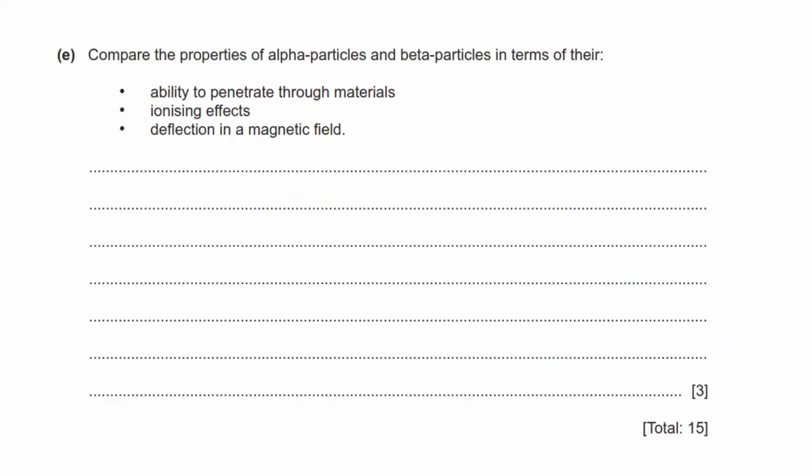Moving ahead, part E says compare the properties of alpha particles and beta particles in terms of their ability to penetrate through materials, ionization effect, and deflection in a magnetic field.